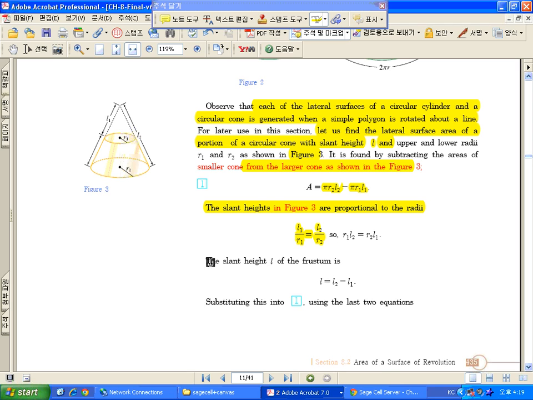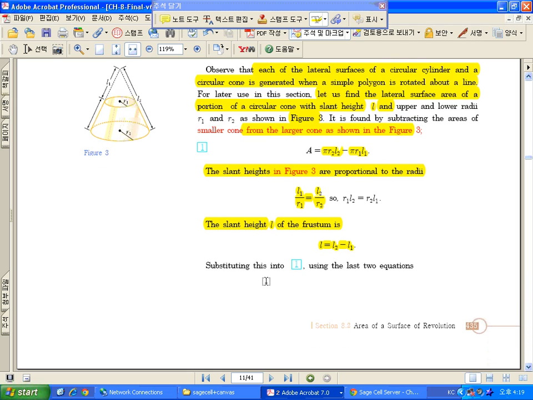So the slant height L of the band is L equal to L2 minus L1. So this is L, the bigger radius is R2 and the smaller radius is R1, and L is the subtraction of L2 and L1.